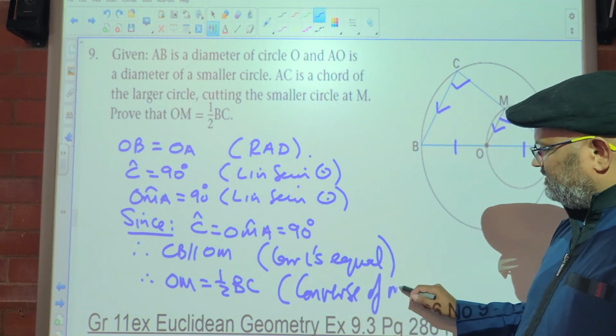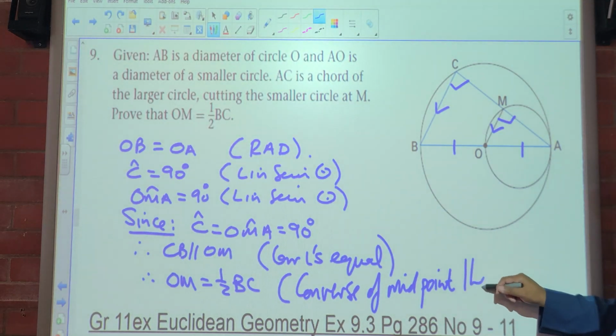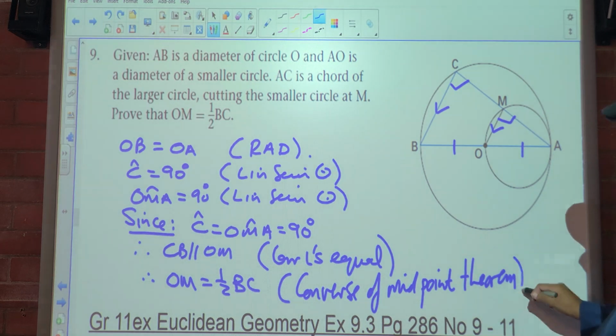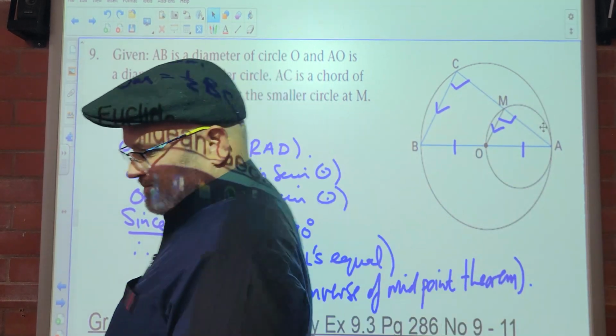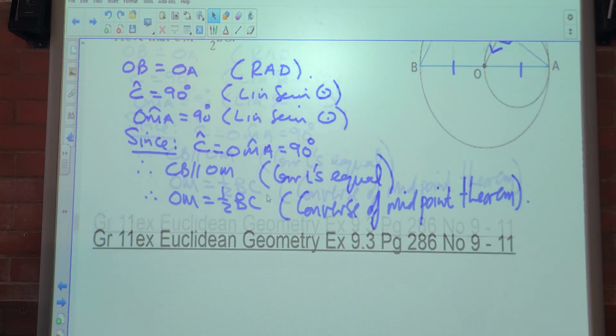Converse of the midpoint theorem. We can't get easier than this. You try and make it easier, you can't. As I said, it's probably 4 or 5 marks here.